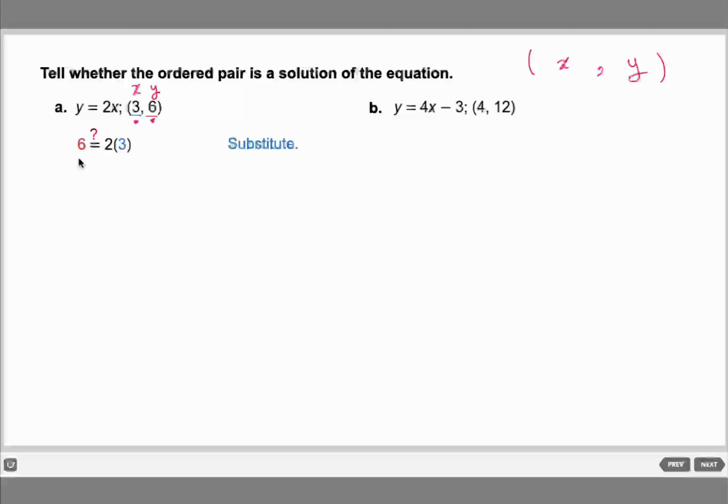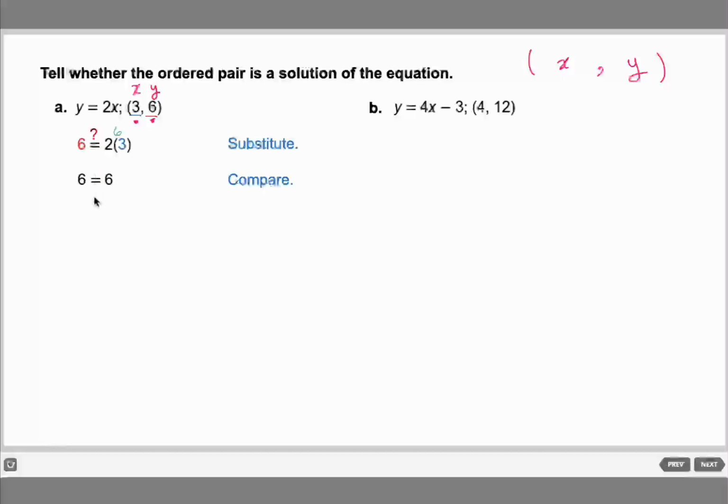2 multiplied by 3 equals? 6. Yes. So we simplify it and we compare. The left side is 6 already. And in the right side, 2 multiplied by 3 is 6. So they are equal.